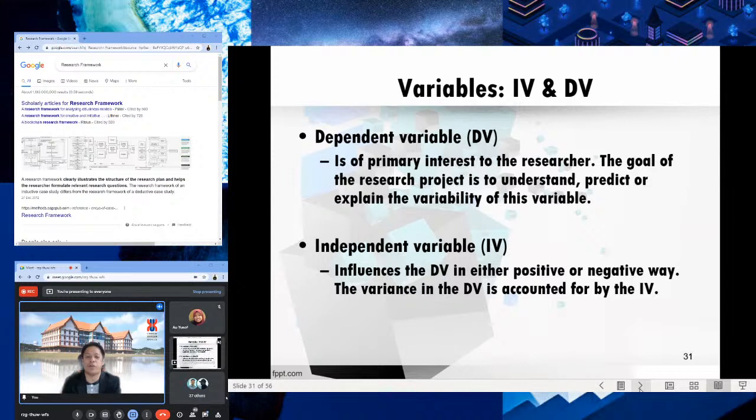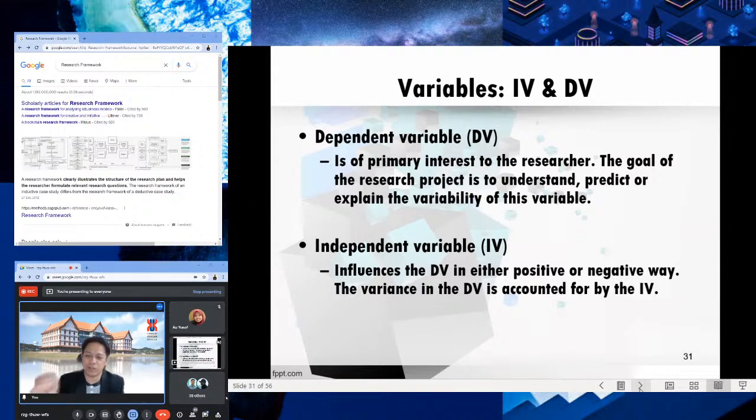This is common when you discuss with supervisors and lecturers, or among postgraduate students. The dependent variable is of primary interest to the researcher, because it is the goal of the research project, and you need to understand this very carefully, to predict or explain the variability of this variable. So this is the first one, the dependent variable.